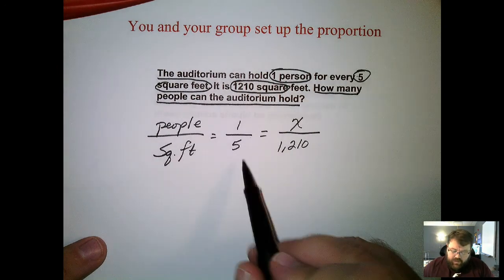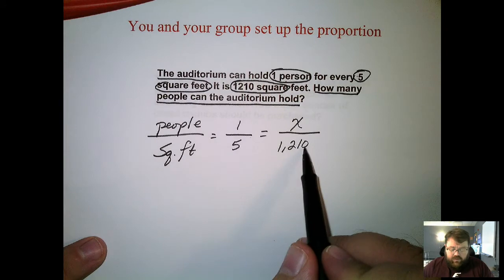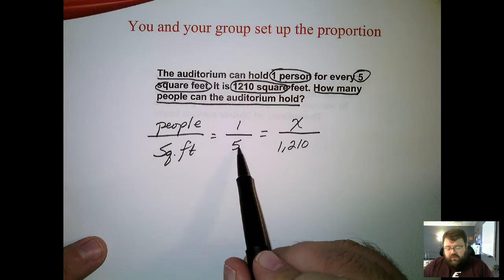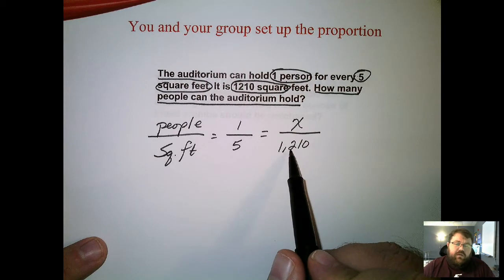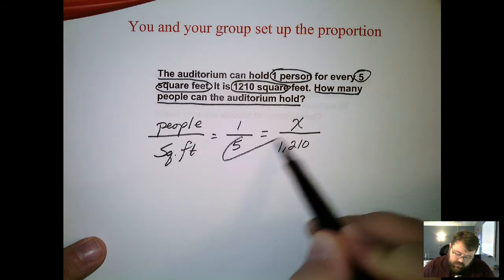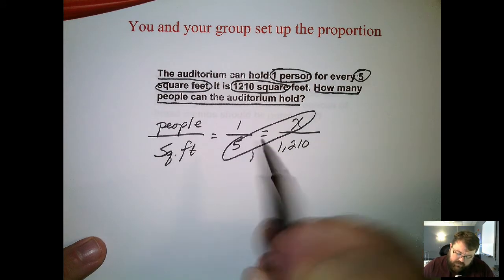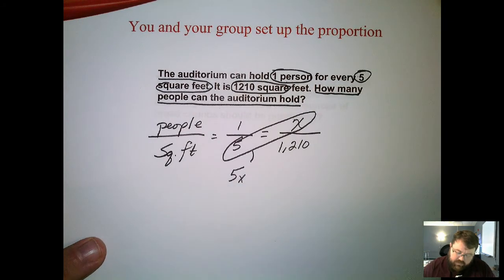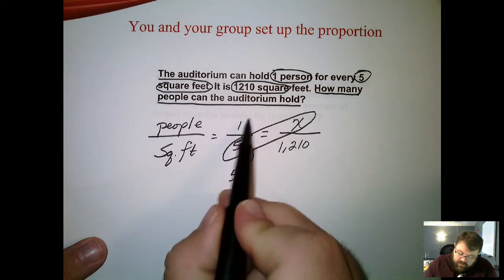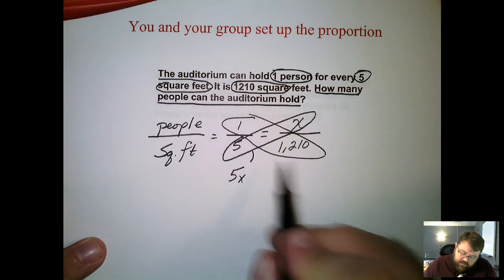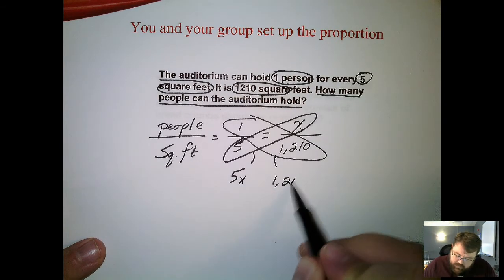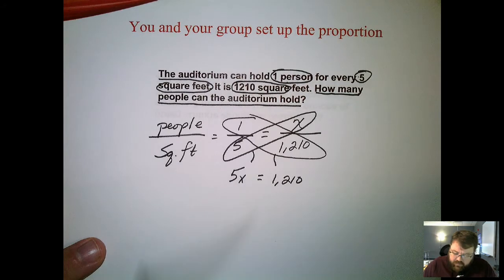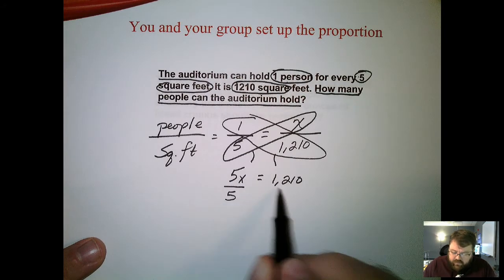For this one, I'm not 100% sure what I need to multiply 5 by to get to 1,210. So I'm going to use the butterfly method. 5 times x is 5x. 1 times 1,210. Bring down your equal sign. Divide both sides by 5.